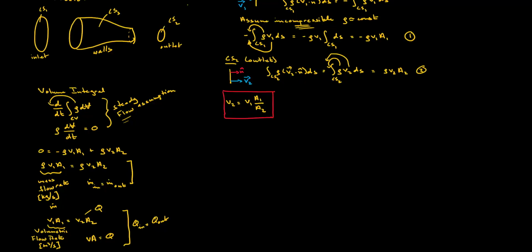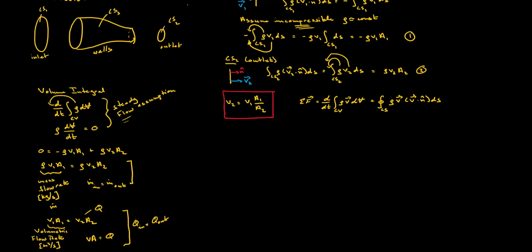So again, we have another conservation law, which will be the conservation of momentum, which states that the sum of the forces is equal to the time rate of change of the momentum in the control volume plus the surface integral of what we call here the momentum flux.